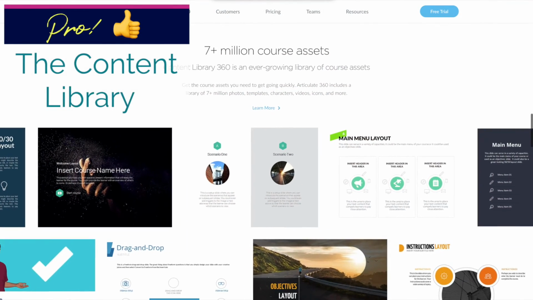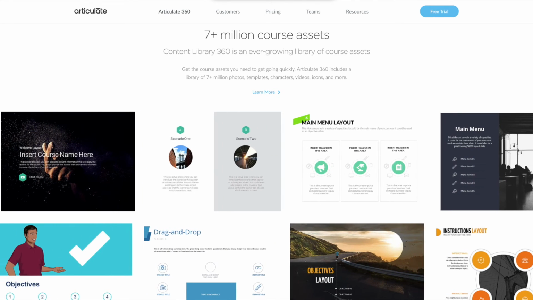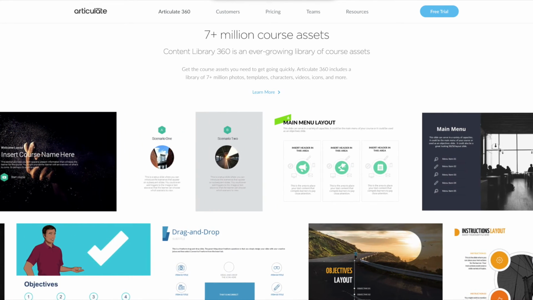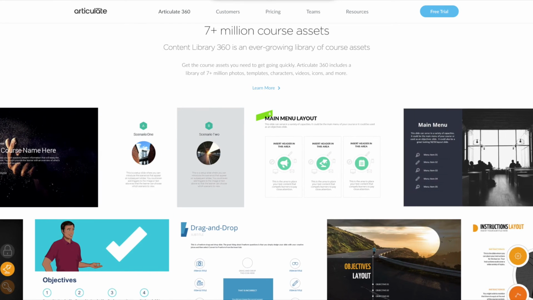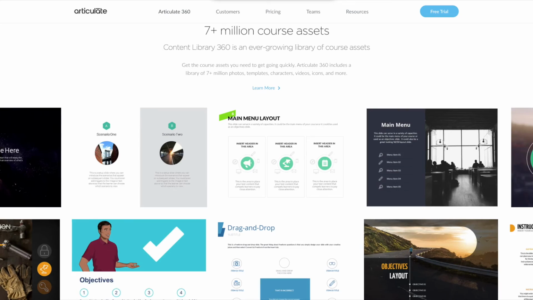Another great thing, speaking of things that Articulate comes with, is the content library. There are so many templates and different icons and stock photography, and they're always coming out with new characters to include in their character library or their avatar library. Honestly, all these templates have made it so much easier.